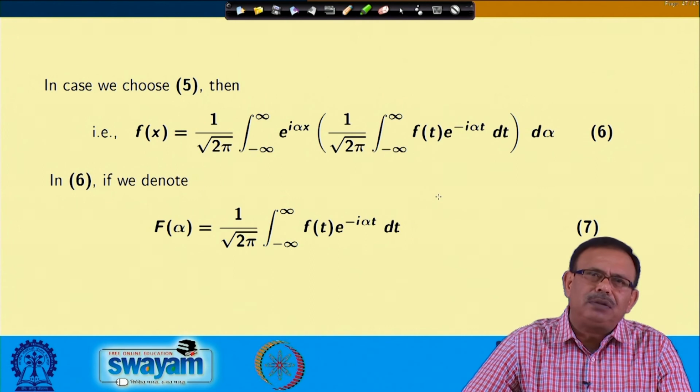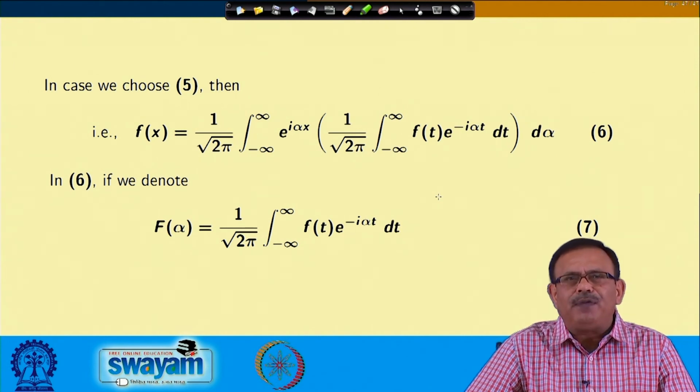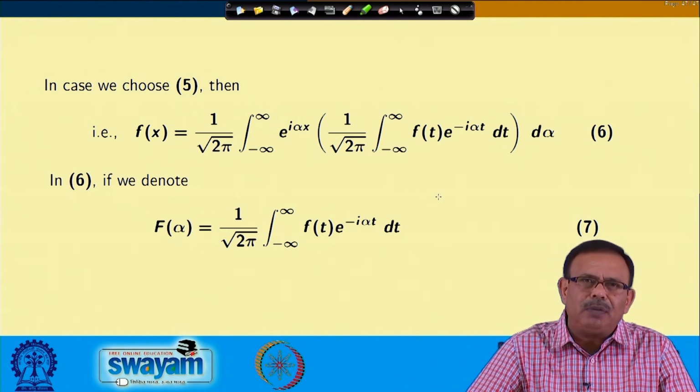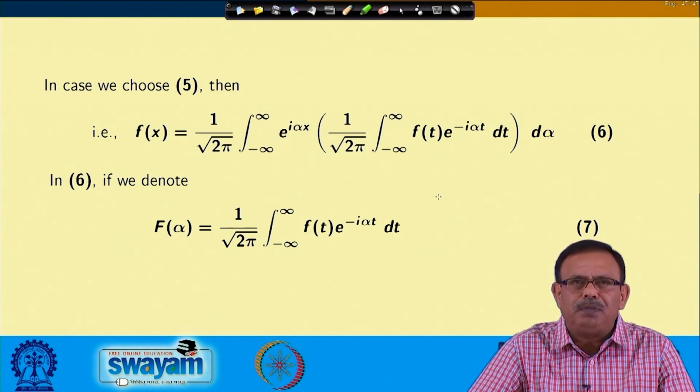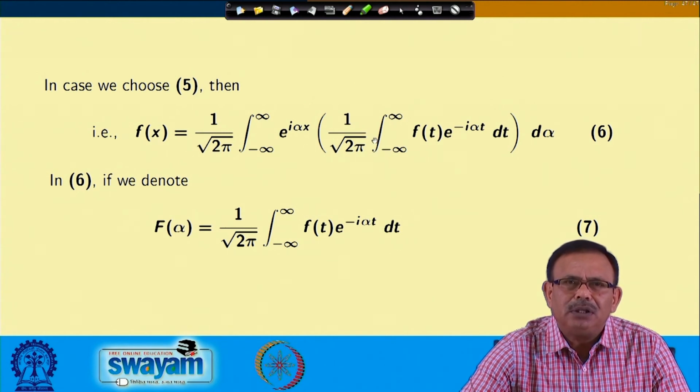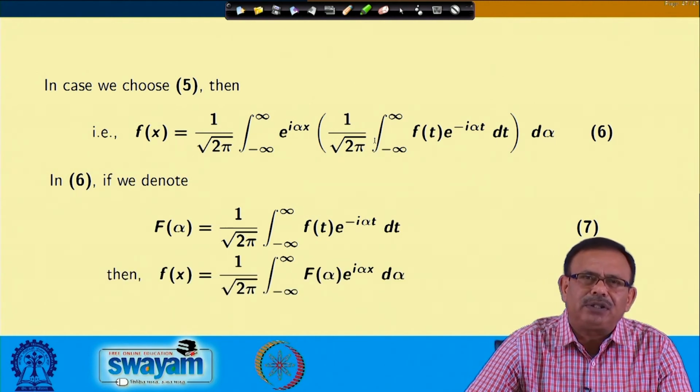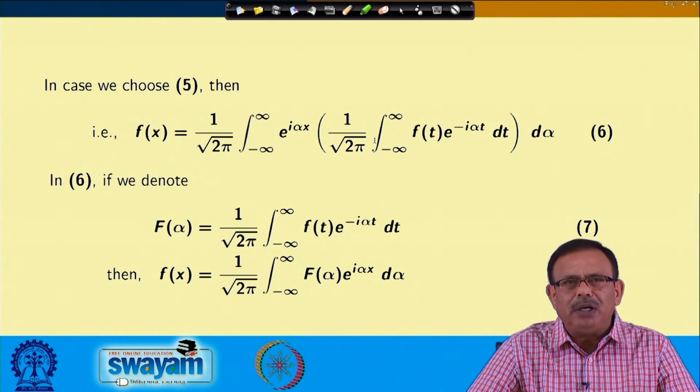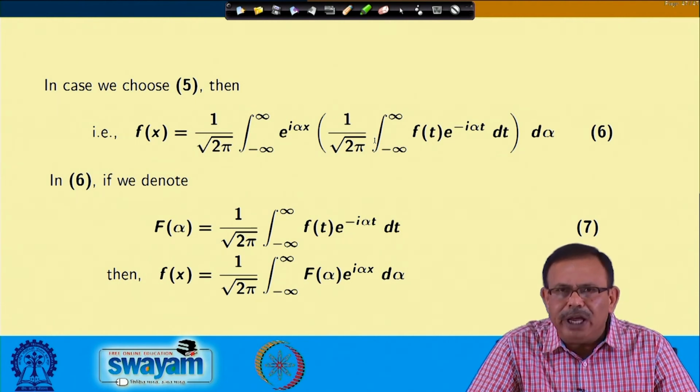Now, in 6 we are denoting capital F(alpha) equals 1 by root 2 pi, integral from minus infinity to infinity of f(t) e power minus i alpha t. In that case, you can write f(x) equals 1 by root 2 pi, integral from minus infinity to infinity of F(alpha) e power i alpha x.